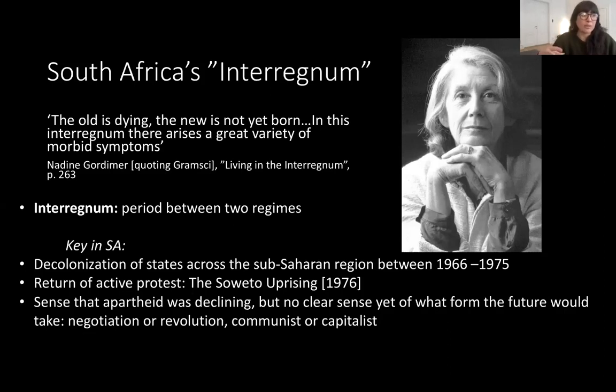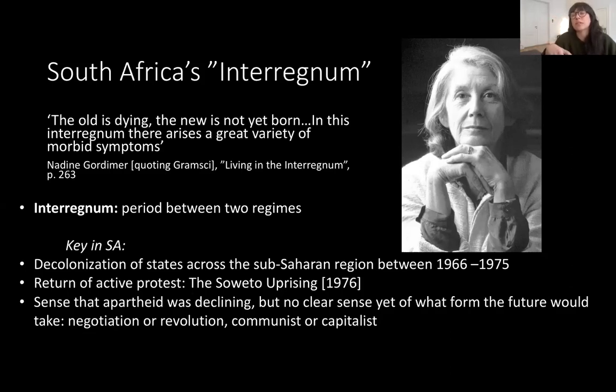So the first thing, which is probably the most important, is that states around South Africa were decolonizing. Most notably for the novel, which I'll go on to talk about very briefly, Mozambique, which is next door to South Africa. Also in the mid-70s, there was a return of active protests.